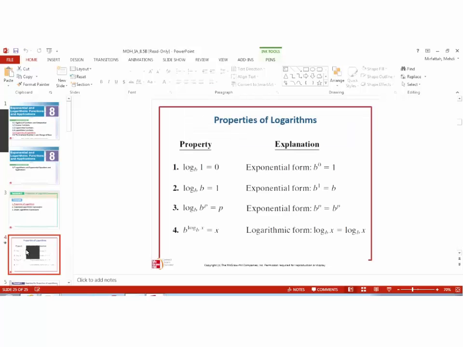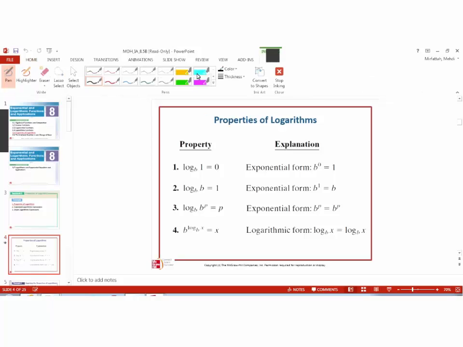Okay, so let's take a look at some of these properties of logarithms. You can verify all these, but these are the ones that you should be able to remember. So log of 1 is equal to 0. Well, remember we can verify every one of these. y is equal to log of 1 with the base b.